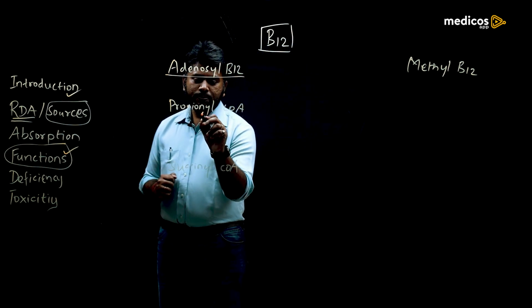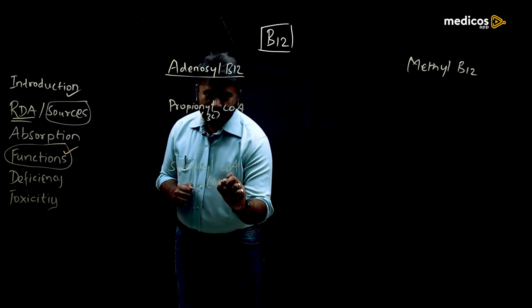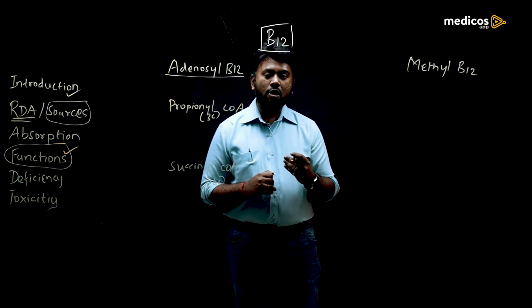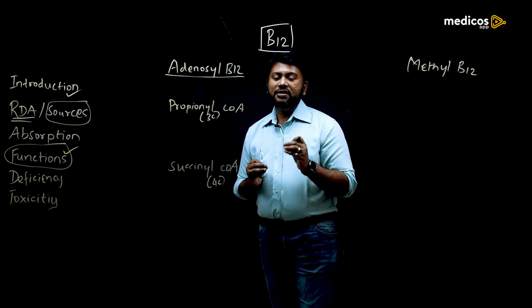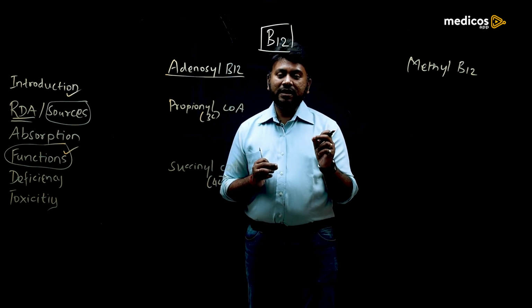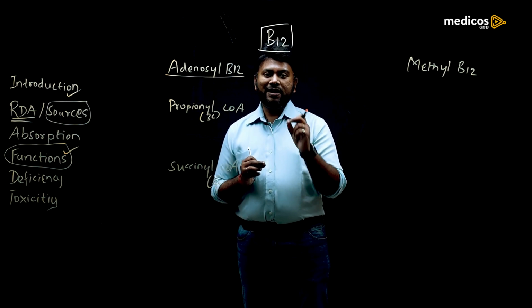We all know that propionyl CoA is a 3-carbon compound, whereas succinyl CoA is a 4-carbon compound. So how do we convert a 3-carbon to a 4-carbon compound? By adding one more carbon. This addition of carbon is called a carboxylation reaction, and for any carboxylation reaction the enzyme is a carboxylase and the coenzyme is biotin and ATP.